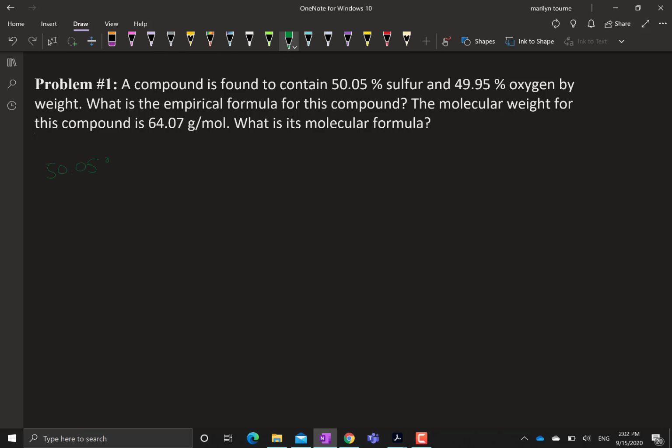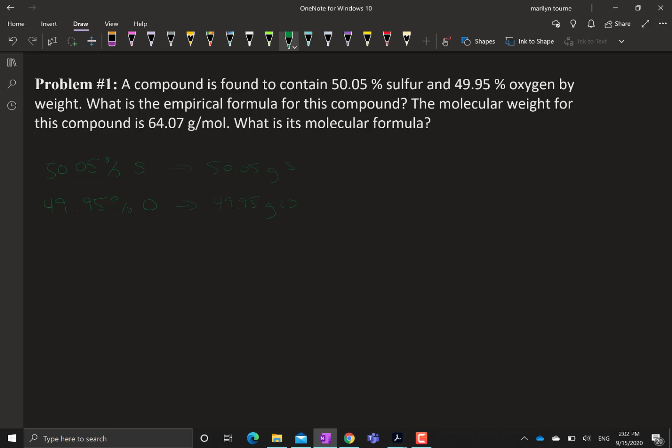So given 50.05% sulfur and 49.95% oxygen. So since they equal to 100%, I can theorize that if I had 100 grams of that sample, I would then have 50.05 grams of sulfur, and I would also have 49.95 grams of oxygen.